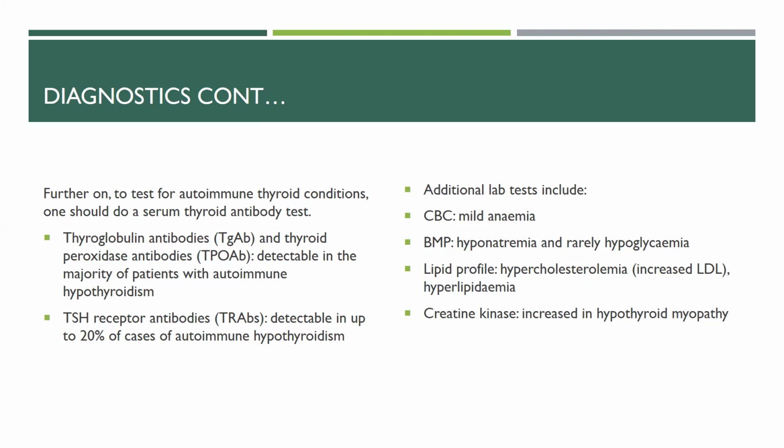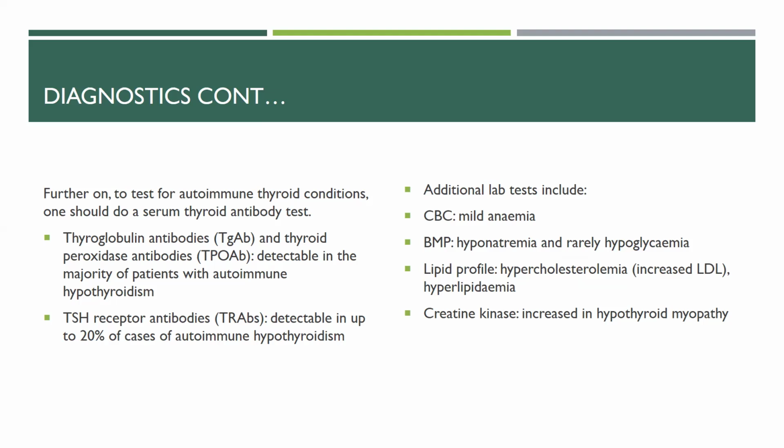So normally you'd find your sodium is the one that's low. Then in your lipid profile, you'd find your cholesterol levels are high, like really high. So you'd also have hyperlipidemia as well. Then in your creatinine kinase, you'd find that it's increased in cases of myopathy.